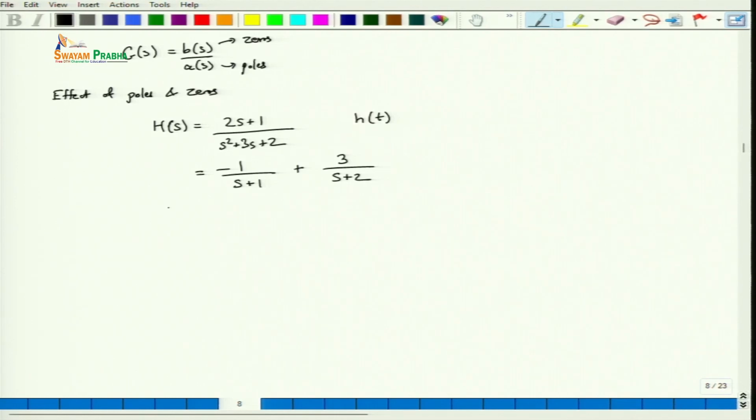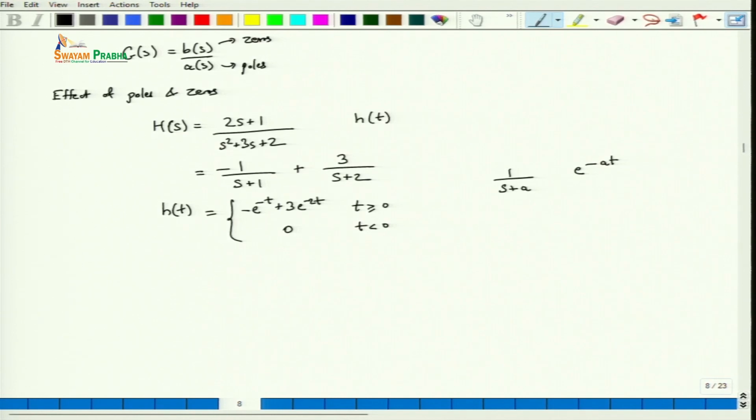We can look at the Laplace transform tables and get h of t for t greater than or equal to 0 as minus e to the power minus t plus e to the power minus 2t. This stems from the fact that if it is 1 by s plus a, the inverse will be e to the power minus at, and for t less than 0 it's 0.